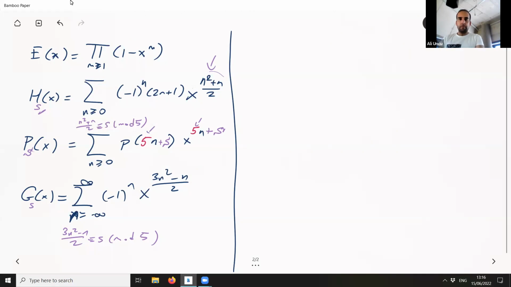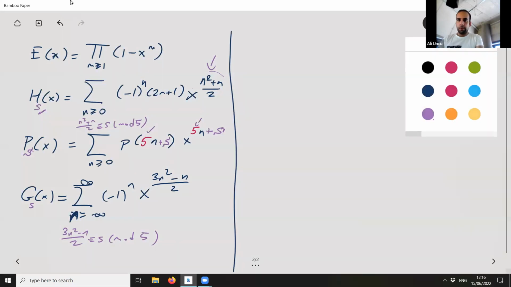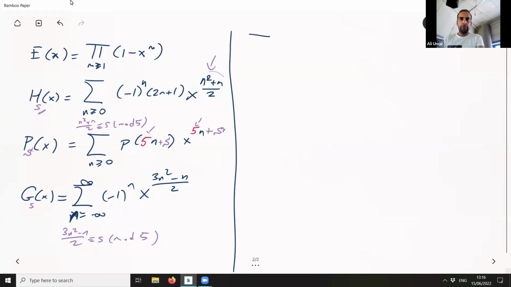And as we have already observed, if you were to take the sum of these P functions, P_s of x, from s being 0 to 4, there are 5 of them after all, it is the whole generating function. I'm really just dissecting it into 5 pieces.